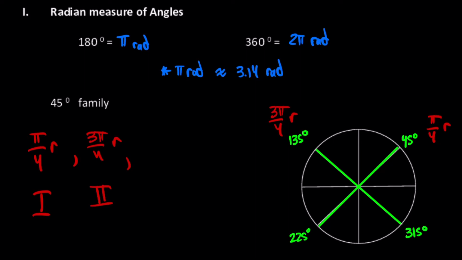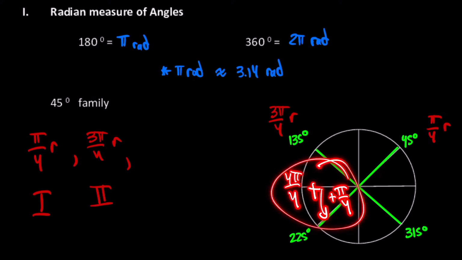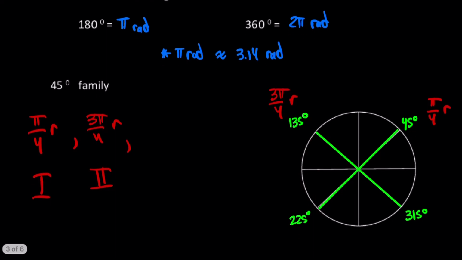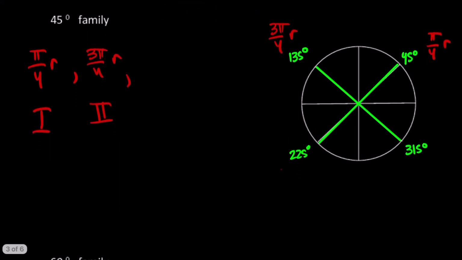Now we're going to play the same game here, except now I'm adding pi over 4. So 4 pi over 4 plus pi over 4 is 5 pi over 4. So 5 pi over 4 radians is my third quadrant angle.